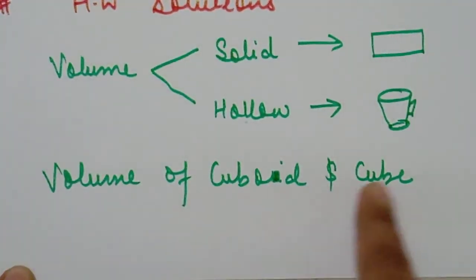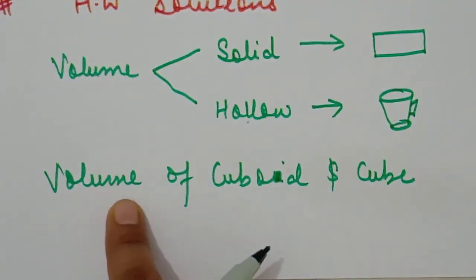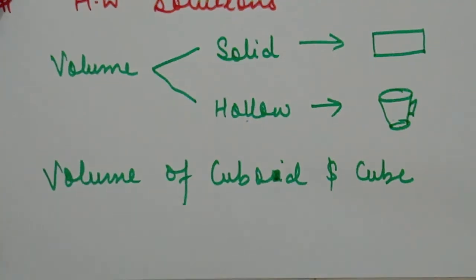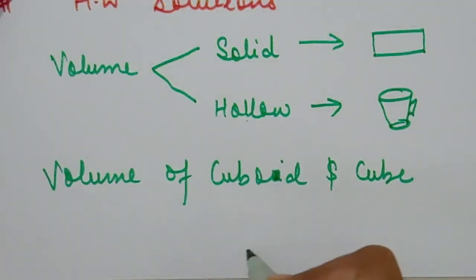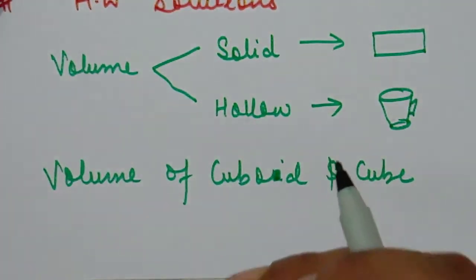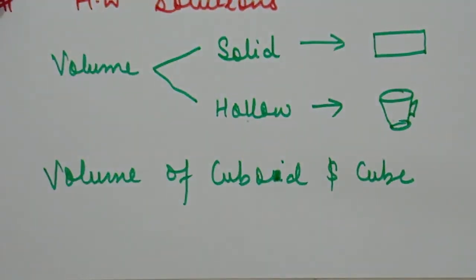How will we measure the volume of any solid object? Volume is measured as the magnitude of the region. So the area of the base multiplied with the height is the volume of the cuboid.